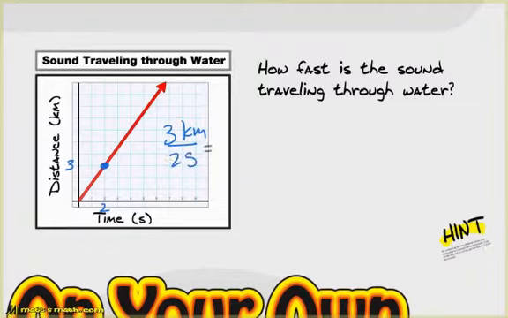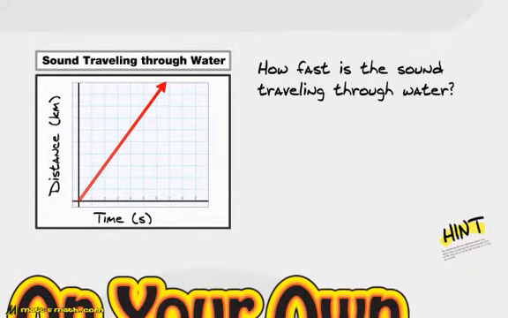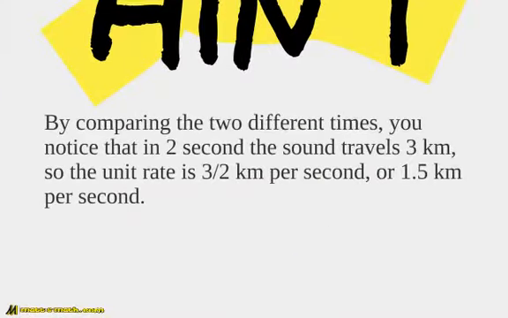You'd make the unit rate. So instead of having a 2 on the bottom, you want a 1. So you just take a 3 and divide it by 2. And that gives you the kilometers per second. Make sense? You end up with 1.5 kilometers per second, or 3/2 kilometers per second.